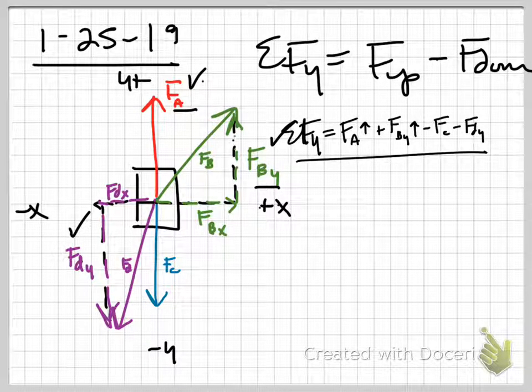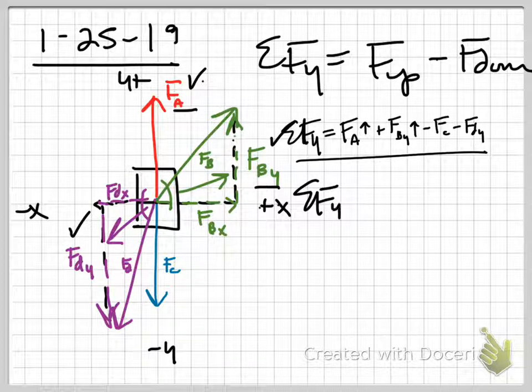So I also occasionally will make a list. I don't have an angle here. I don't have an angle there. In a real problem, of course, I would have to. But I can tell that FBY is going to be sine of theta, and FDY is going to be sine of theta.